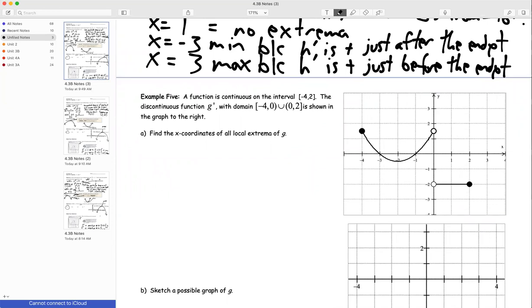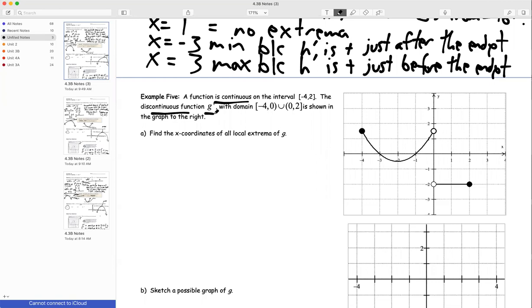All righty, here we go. A function g is continuous, so I know that it will be a continuous function on the interval from -4 to 2. However, we have the discontinuous function g prime with a domain from -4 to 0 and 0 to 2, and it's shown in the graph at the right.